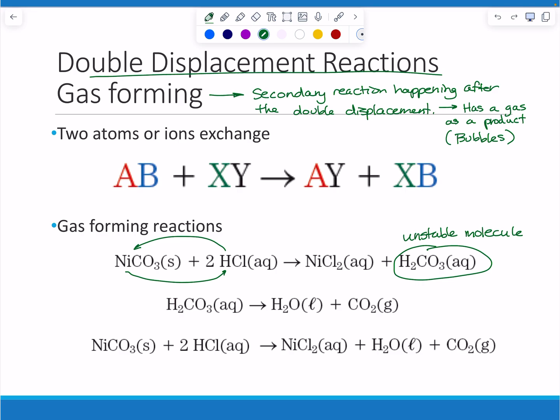So, spotting gas-forming reactions, there's really 3 types of gas-forming reactions. So there's 3 unstable products that you can get, and there are things that involve carbonates. So if your initial product is a hydrogen carbonate, or if you have hydrogen sulfate, or if you have hydrogen sulfide.